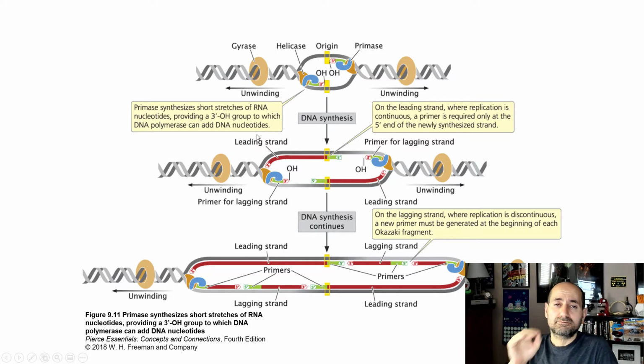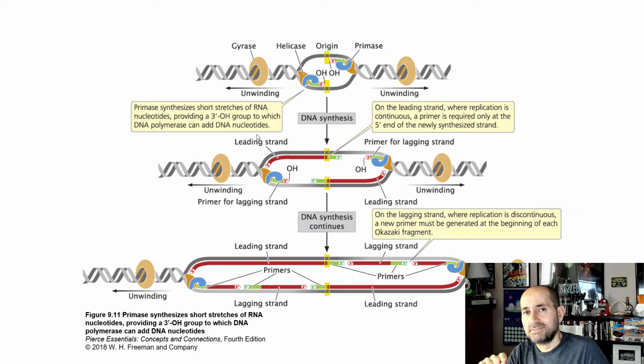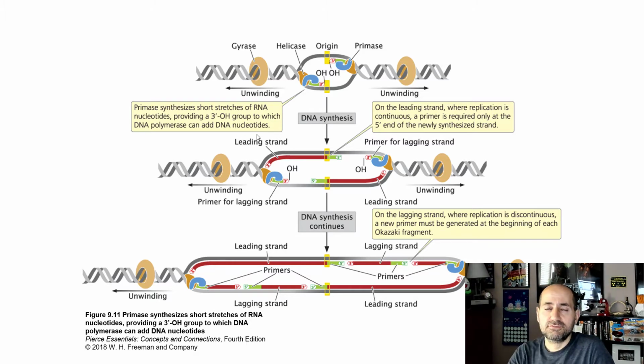So when you're copying DNA, the very first thing you need to do is copy the DNA to RNA for 10 to 12 nucleotides. The enzyme primase takes care of this. That stretch of RNA is called your primer, and then DNA copying is allowed to take place from there on with DNA polymerase. DNA polymerase can then build off of that RNA primer.